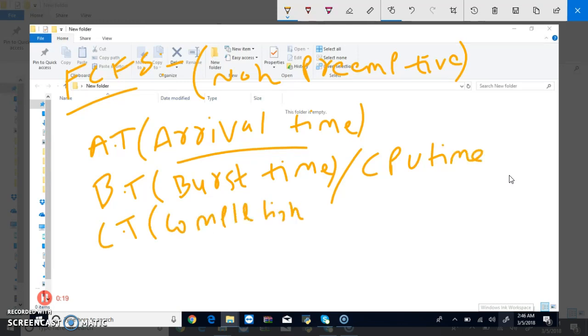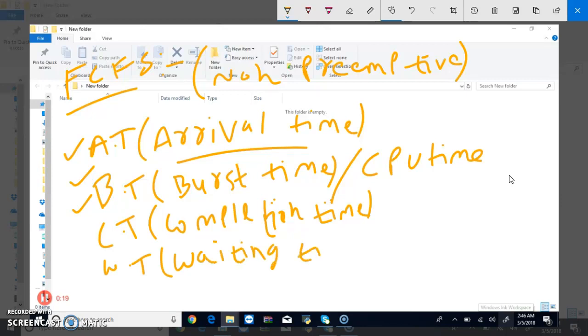My notation is a little bit different, but this is the easiest way to remember things. I am going to tell you how it is easy. Next, arrival time, burst time, completion time, and waiting time.